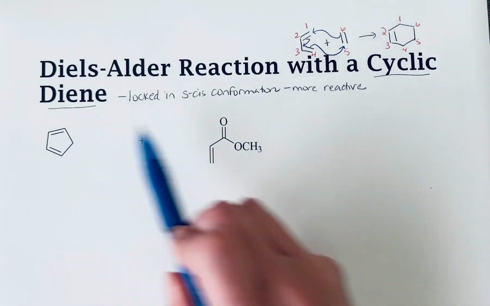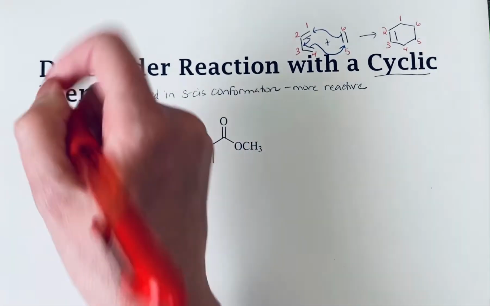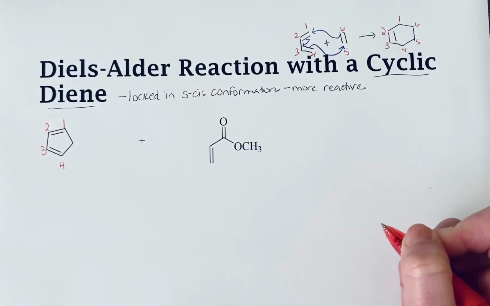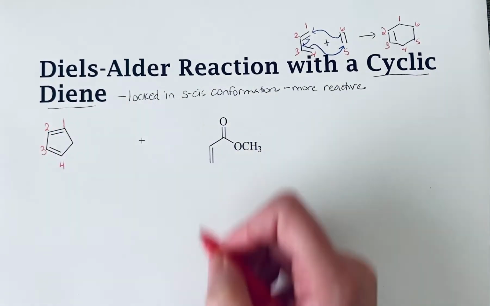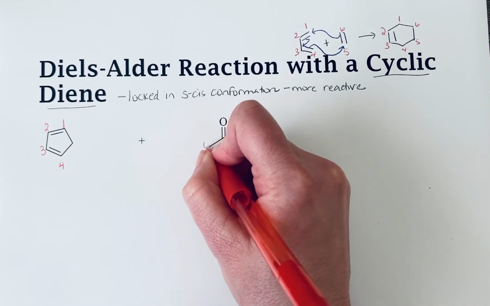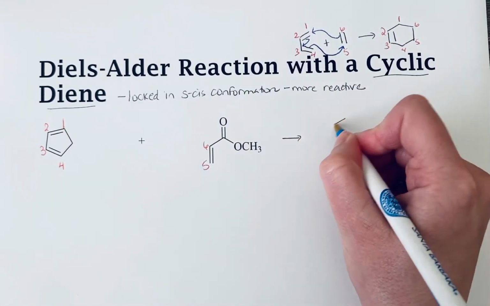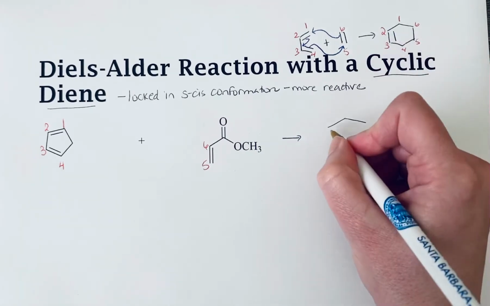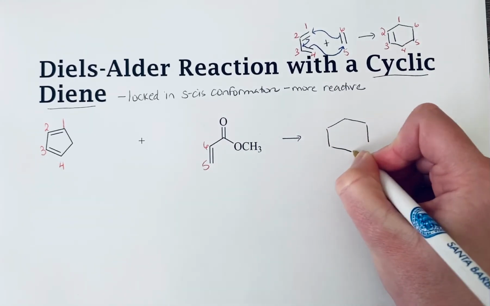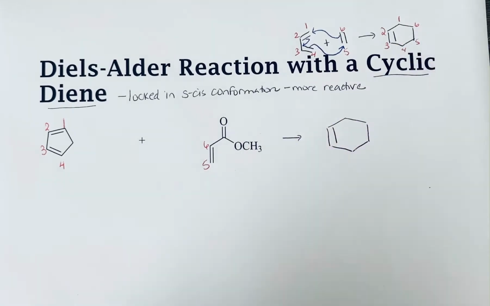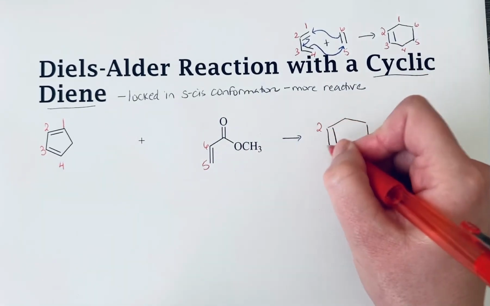So what we would do here is number the 6 carbon atoms that are involved. Find your diene and number that 1, 2, 3, 4. Your dienophile is 5 and 6. And then when you're drawing the product, you're going to start by drawing that cyclohexene ring. Use the pi bond to locate carbons 2 and 3, and then number from there.